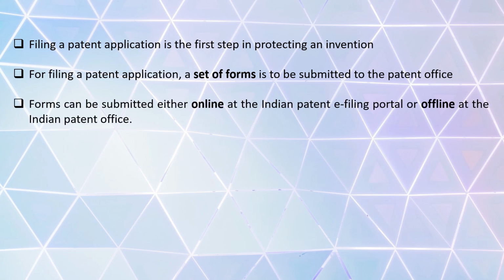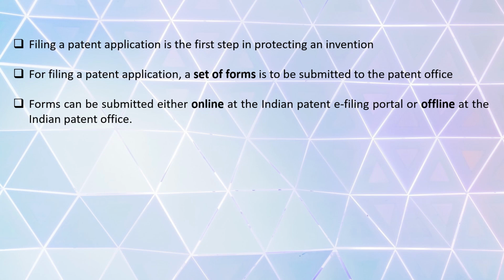Now these forms can be submitted online. So we have an Indian Patent Office e-filing portal. You can either submit all these forms online through the portal, or you can go to the physical office of the Indian Patent Office based on wherever you are residing. India has patent offices at specific jurisdictions like Mumbai, Kolkata, Chennai, and Delhi.